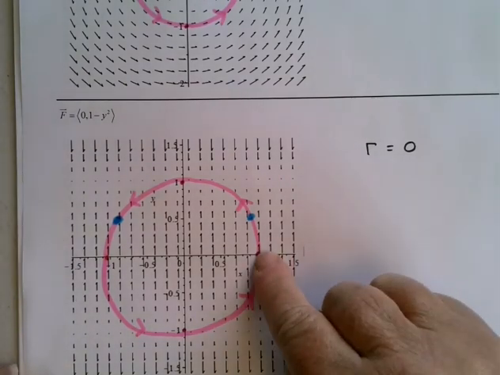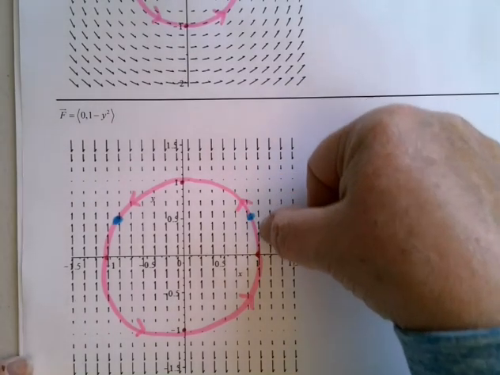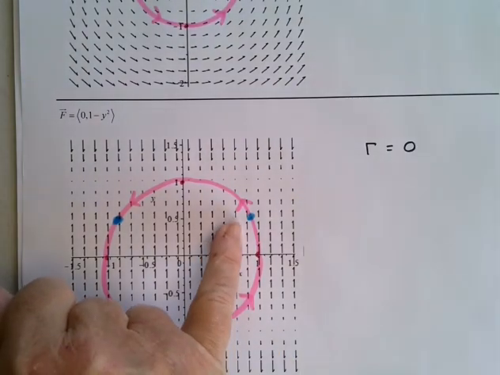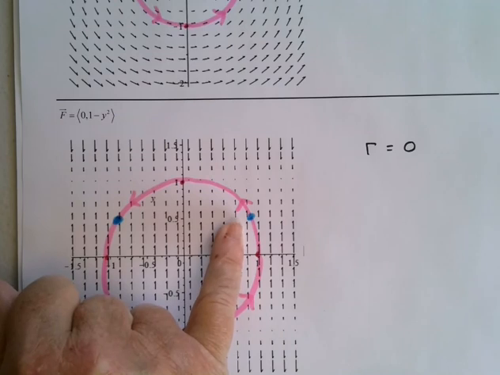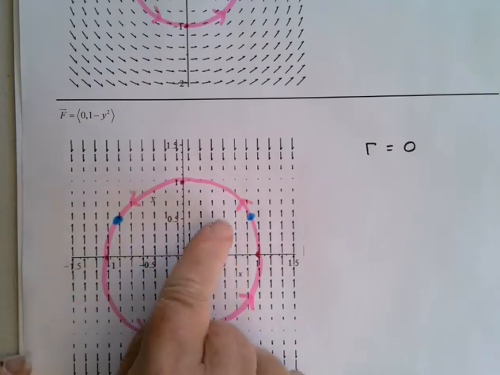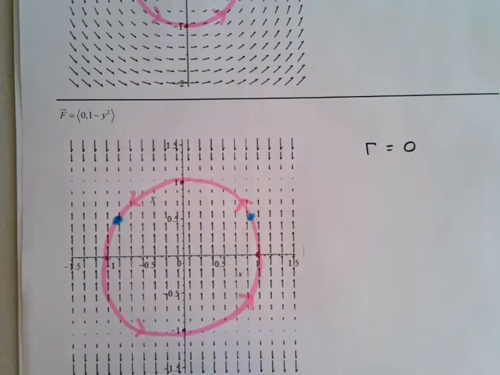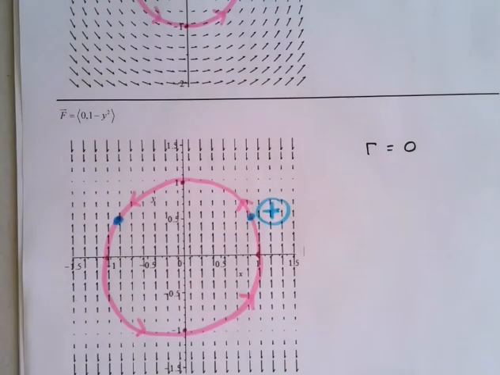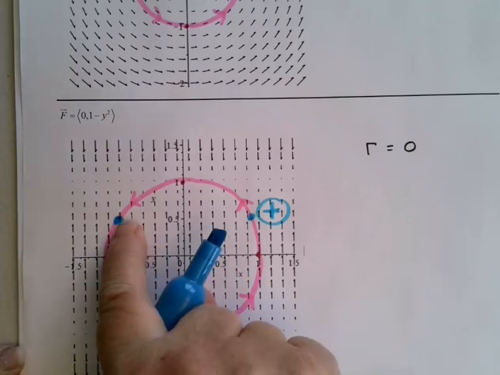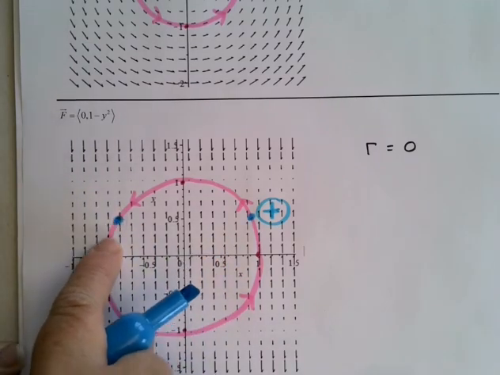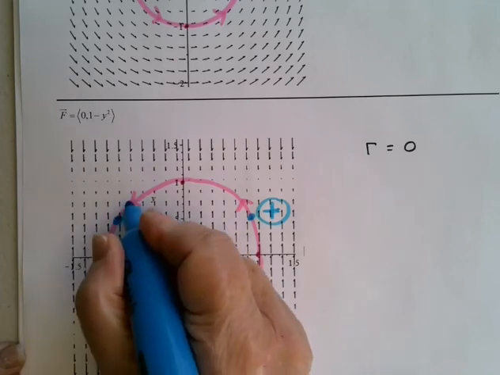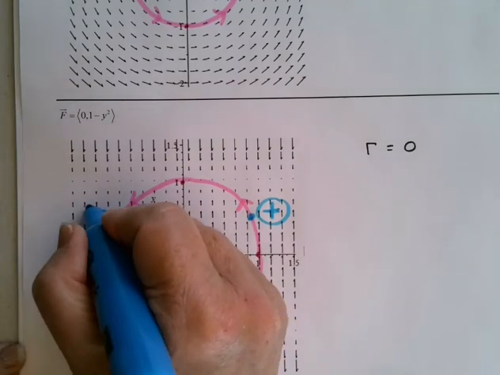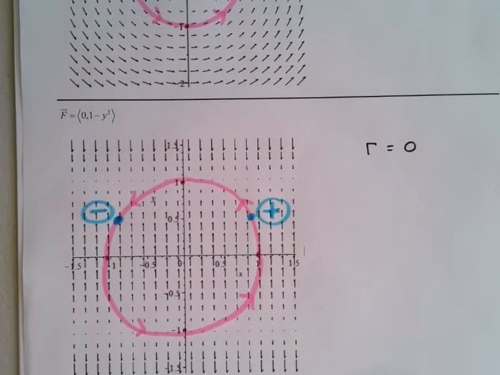What's happening over here is that, although it's not perfect, the vector field is somewhat helping me go the way I want to go, right? The arrows are pointing up, and I am going somewhat up. So I would have a positive contribution to my circulation over here. Now what about here? The arrows are still pointing up, but I'm trying to go down now. And so this would have a negative contribution.